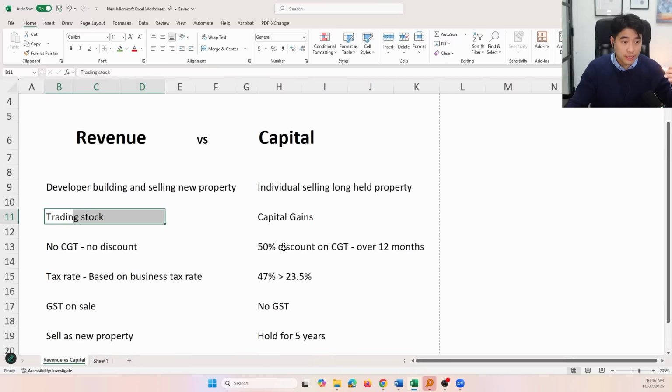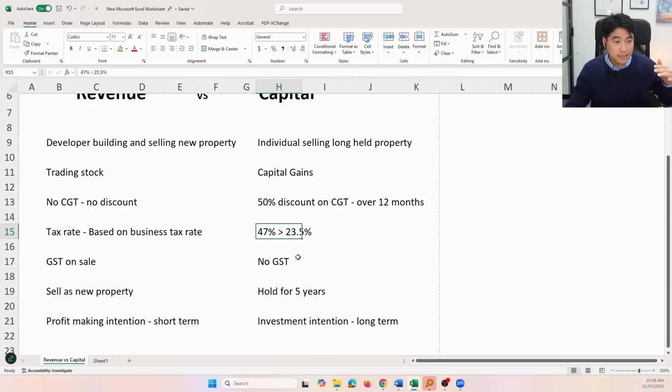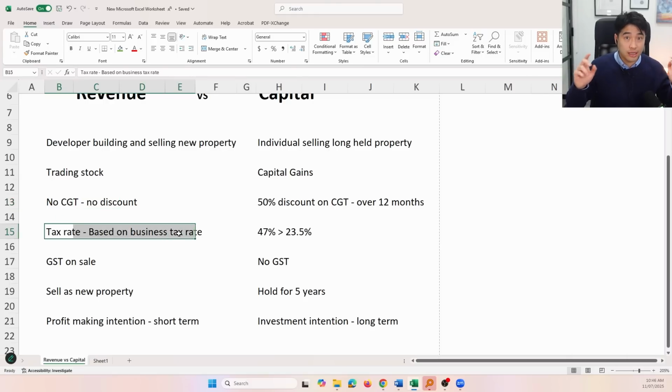It's not just capital gains tax or income tax, which as an investor is effectively 23.5% because you get a 50% discount. In this case, it's based on the tax rate for the business, or the individual if it's owned under Ali's name. So for example, Ali, in your situation, say you don't move into it, you sell it the next day once it's built, you get the OC, you've done the subdivision or whatever it is that you're building, and then you put it on the market and you sell it.